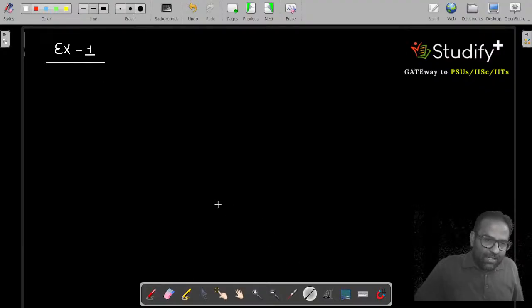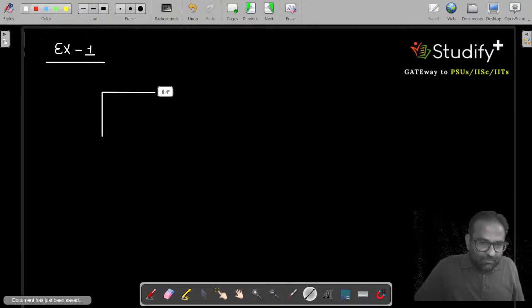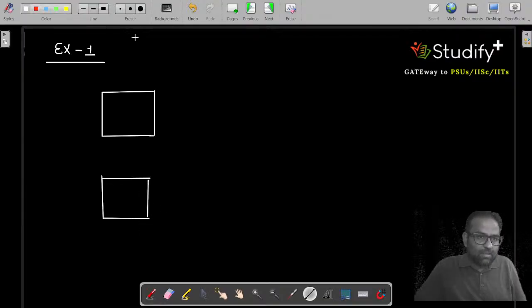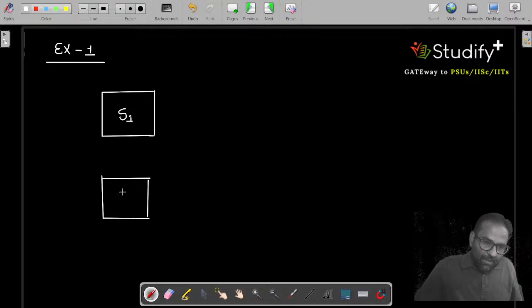Let's say you are having one capacitor, and the capacitor is connected to two sources. We are having two sources, correct?